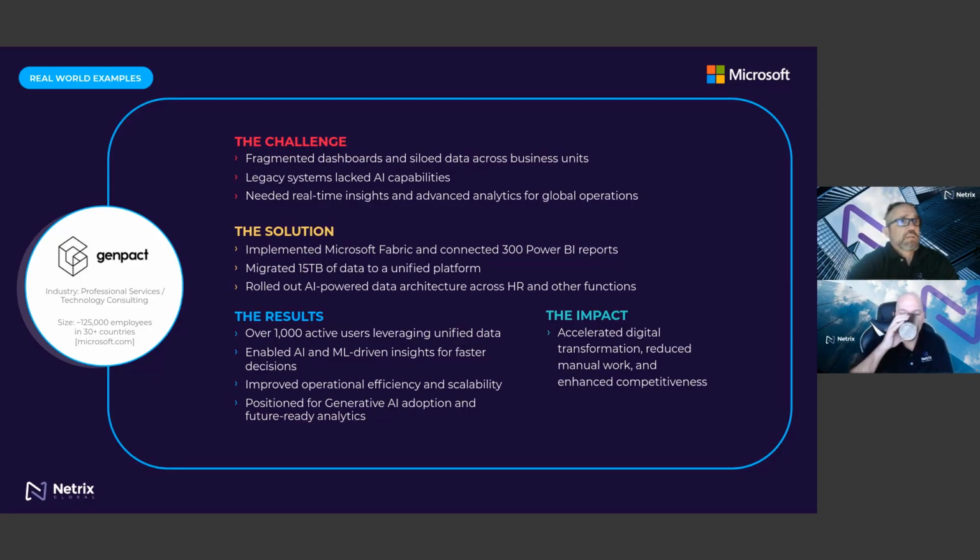They were also seeing fragmented dashboards, multiple data sources across business units, and a lack of a central data warehouse that could support modern AI capabilities. Same sort of thing here. Didn't have a single source of truth for their enterprise data. Different siloed departments going after different places for the data, and that all leads to a lack of consistency and a lack of confidence in the data that you have.